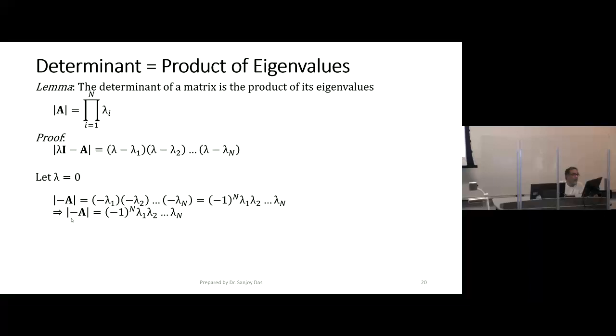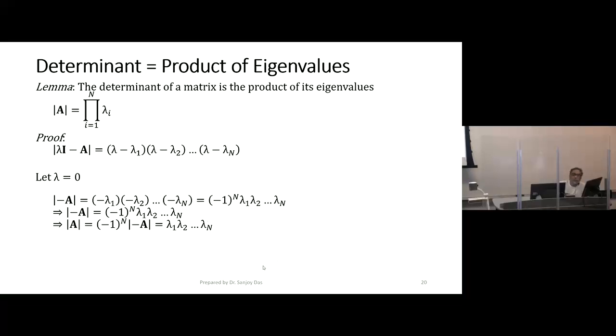Whence, the determinant of negative A equals negative 1 to the power of n times the product of the eigenvalues. Whence, the determinant of A is negative 1 to the power of n times the determinant of negative A, which is the product of the eigenvalues, because negative 1 to the n times negative 1 to the n is negative 1 to the power of 2n, which is always 1.